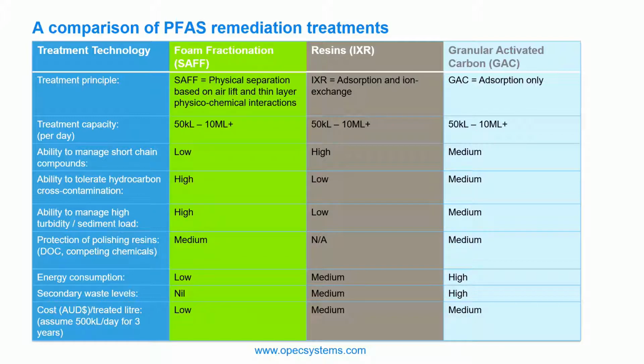One of the big advantages we think at the front end of the foam fractionation process is its ability to manage co-contaminants, and particularly hydrocarbons. I'm sure a lot of people in the audience would understand the process of air stripping for removal of dissolved hydrocarbon compounds out of solution.